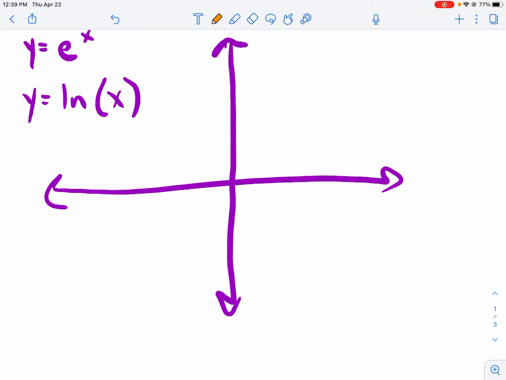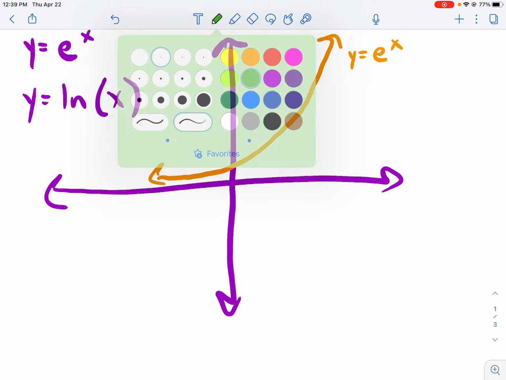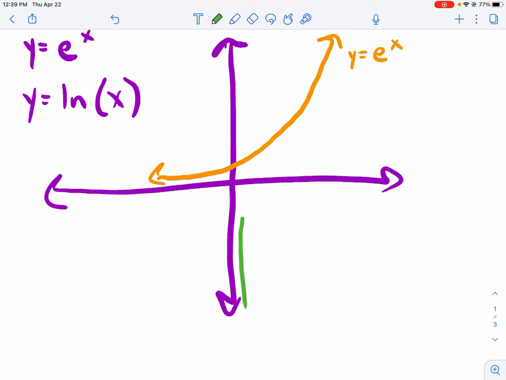When you plug this into your calculator and go to graph, you get this graph for y is equal to e to the x, and for your other graph, you get this image, which is the natural log of x.